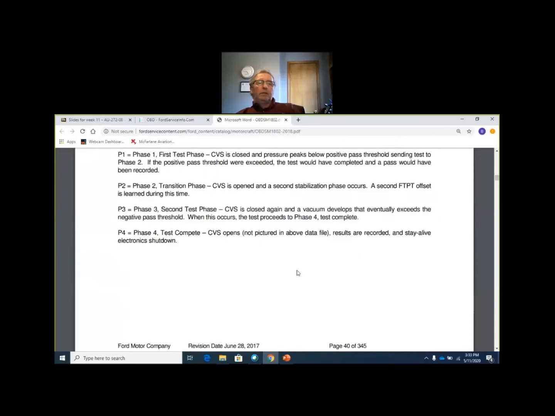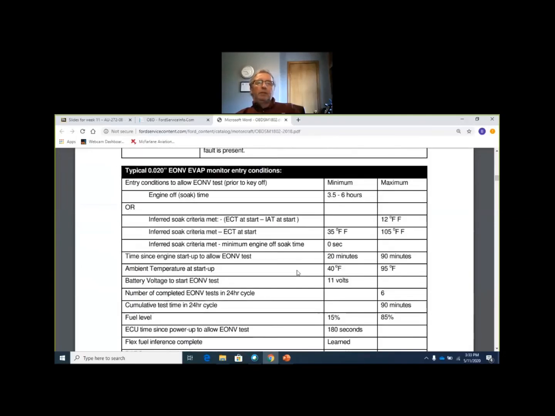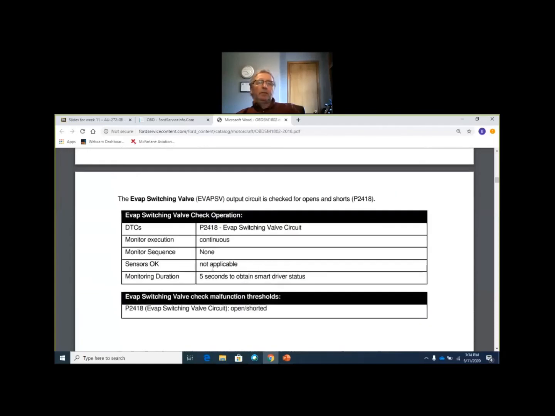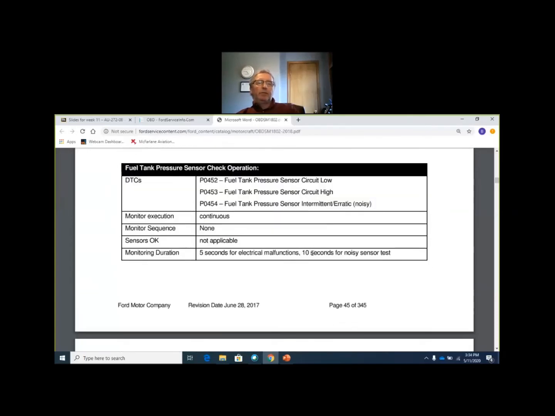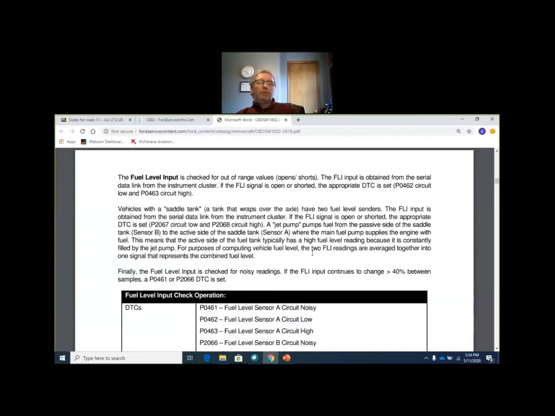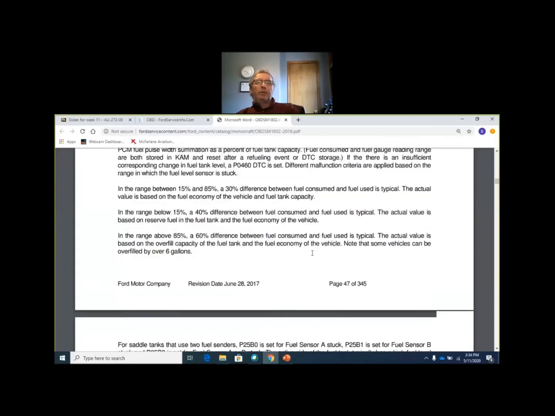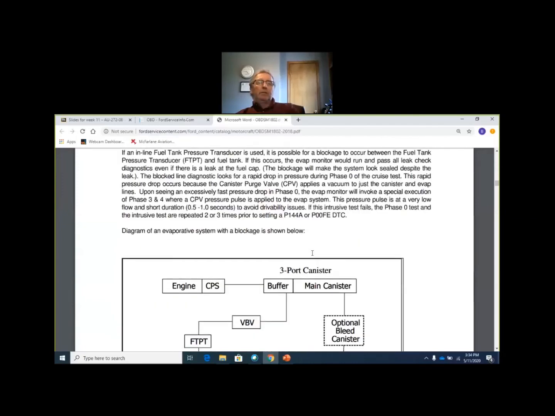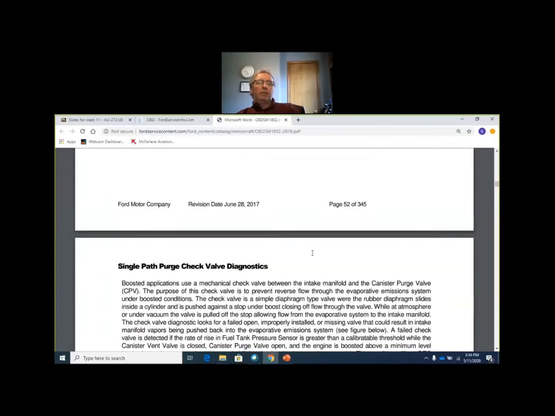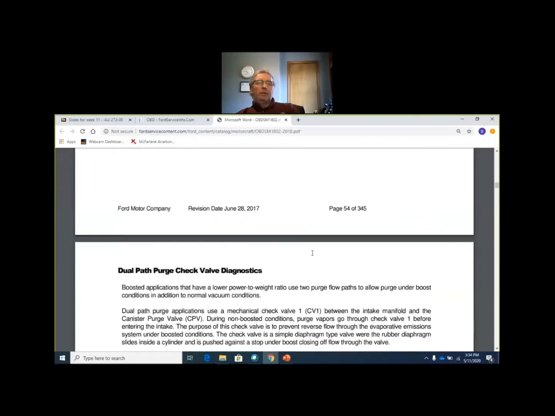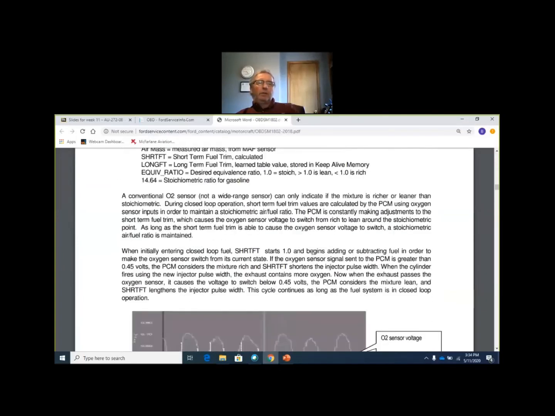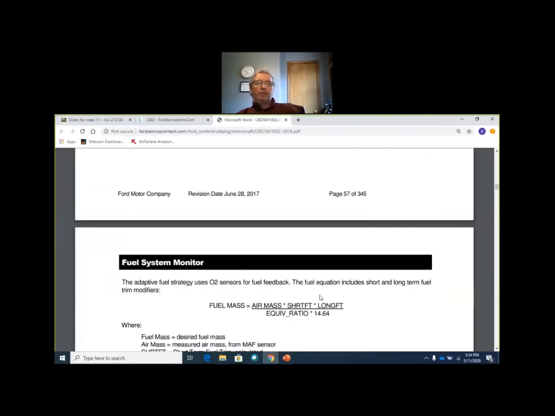Probably go to the table of contents. The EVAP monitor, I'm sure you can see from all the stuff that I'm flipping through here, is probably the most complicated. Purge, engine off natural vacuum. Here we go, fuel system monitor.